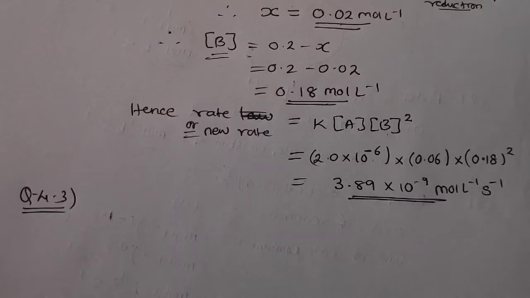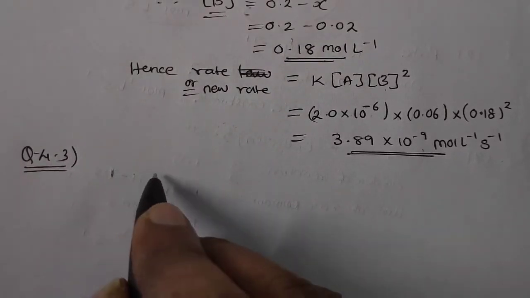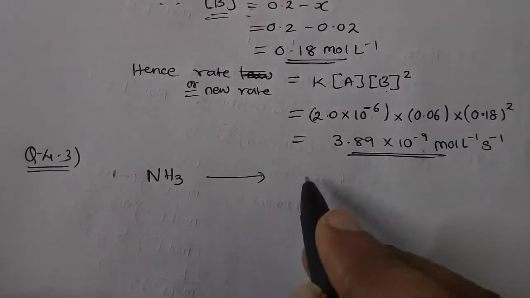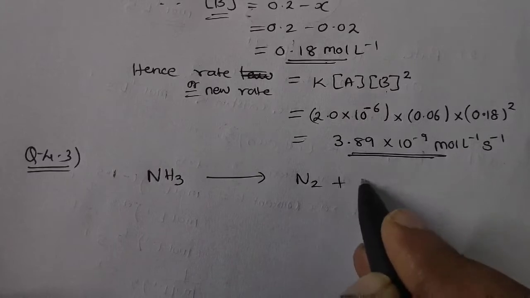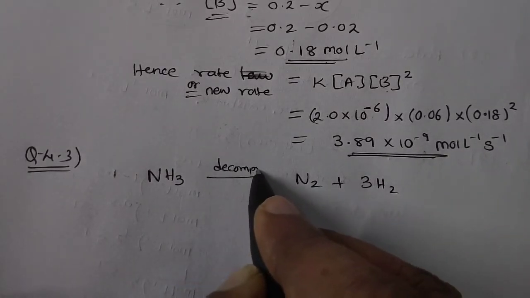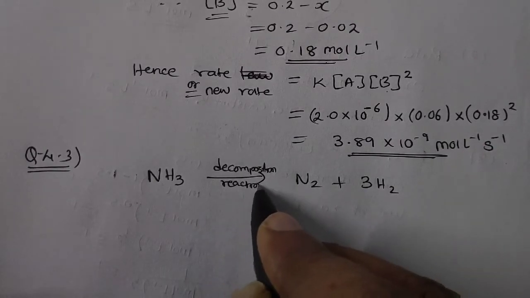Now for this question, if I write the decomposition reaction of ammonia, NH3 will give you N2 plus 3H2. This is a simple decomposition reaction. Clear?